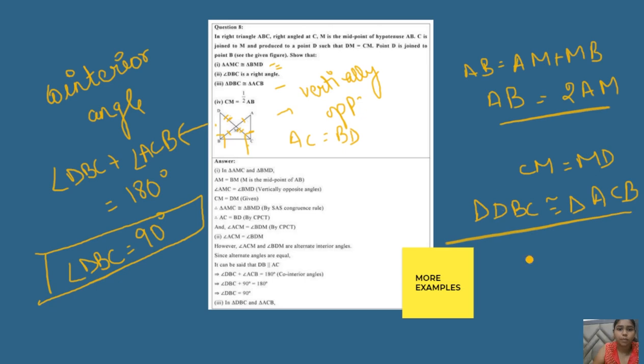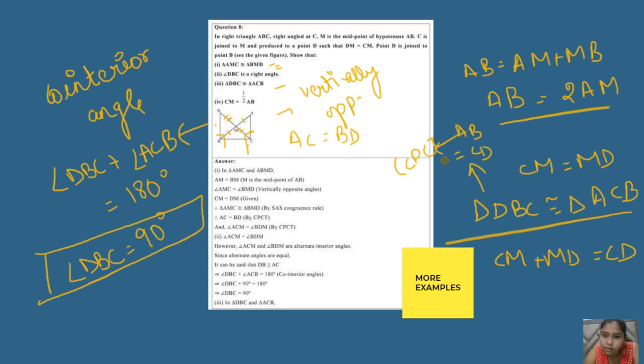Let's suppose CM plus MD equals CD, right? By this congruency rule, we can say that AB equals CD by CPCT.